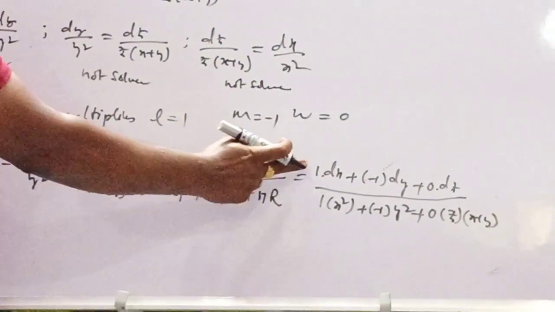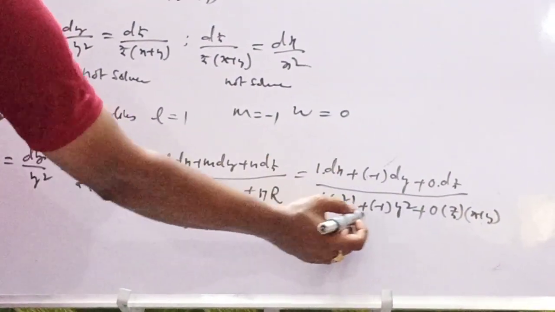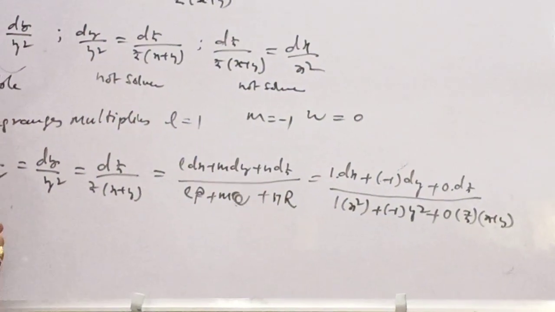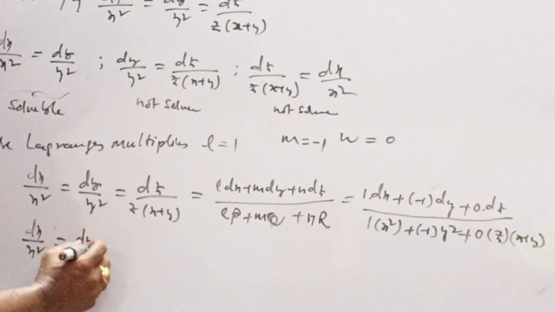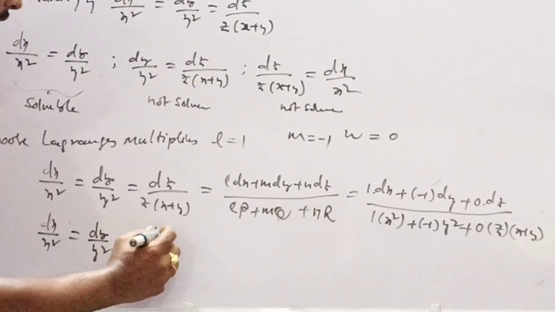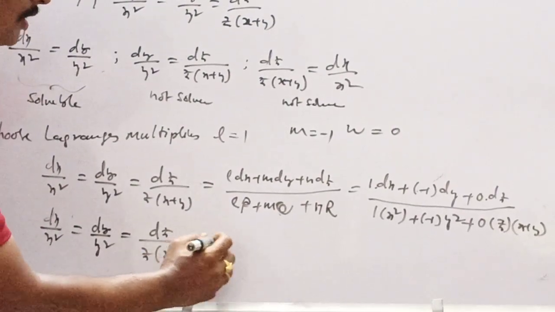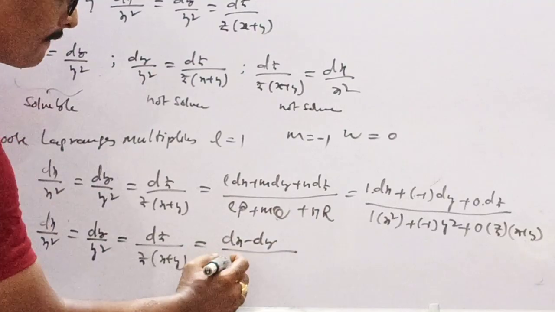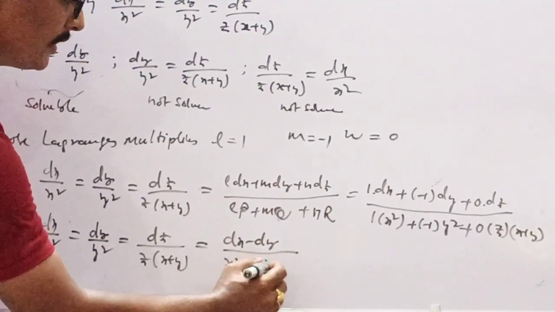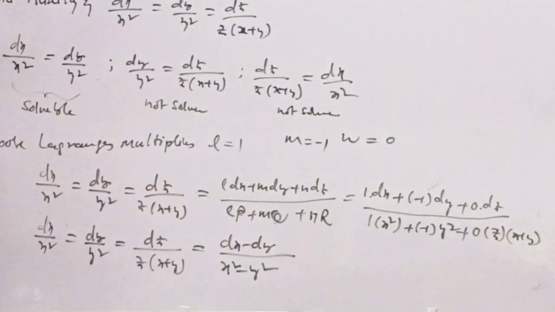By simplifying, this is dx minus dy by x square minus y square. So dx by x square equal to dy by y square equal to dz by z into x plus y equal to dx minus dy by x square minus y square plus 0, so x square minus y square.